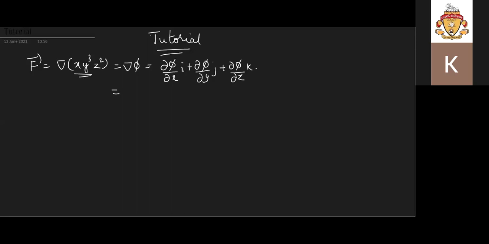With respect to x, what is the derivative? y cube z square. With respect to y, it is 3x y square z square. And with respect to z, 2x y cube z. So this is what your F is.